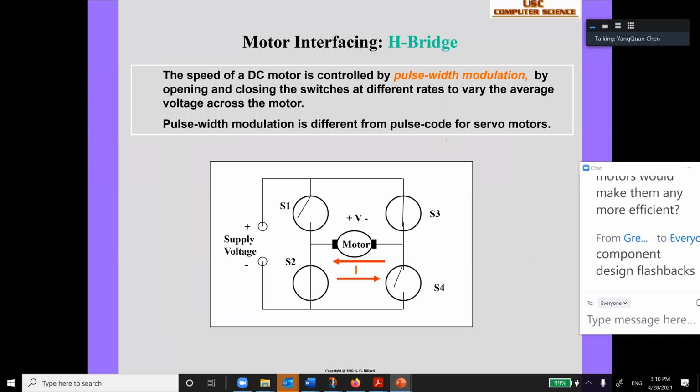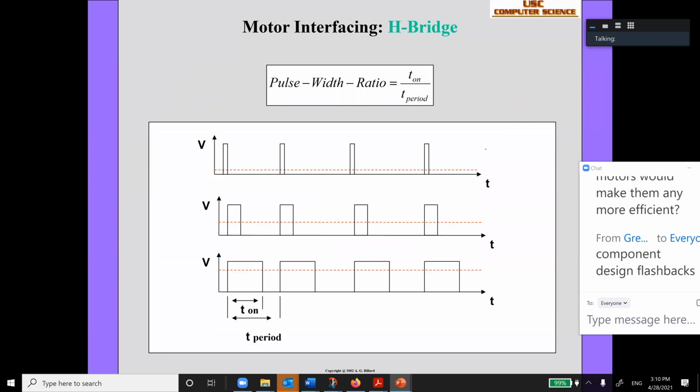This is why we usually use PWM, pulse width modulation: opening and closing at different intervals. That PWM is called PCM, pulse code modulation, for the servo motor. The motor speed will be proportional to your PWM duty cycle.